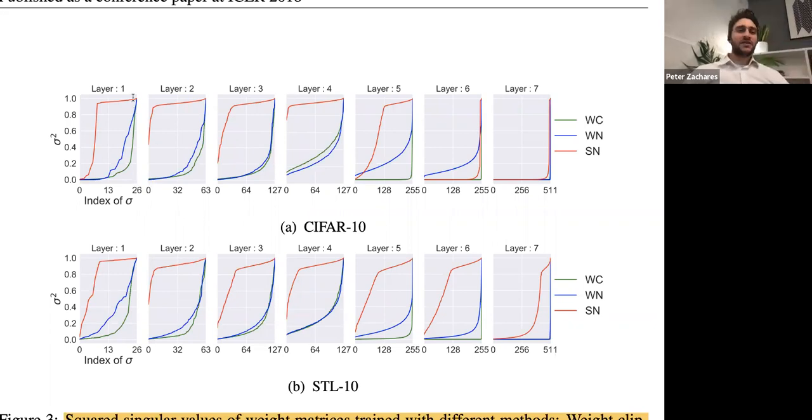And what you can basically see is that layer 1 for spectral normalization has a ton more high value singular values, which means a ton more features, like a higher rank matrix essentially than the other two.